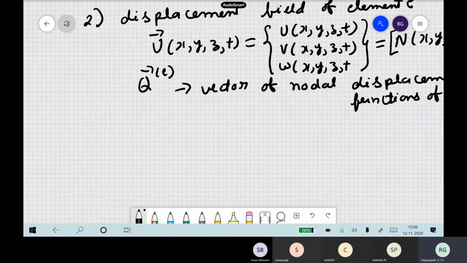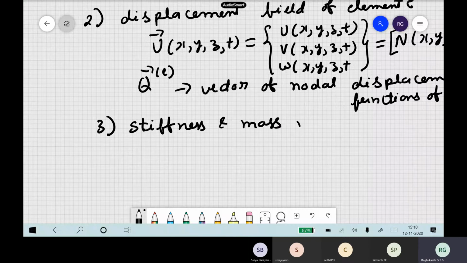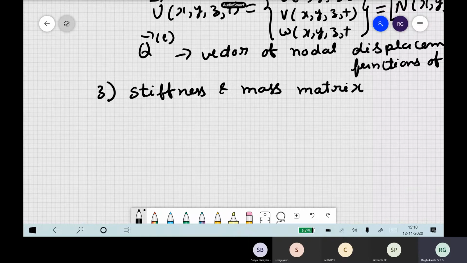Now this is the second step. Once you know this, you have to find the stiffness matrix and mass matrix. The stiffness matrix doesn't require any dynamics; stiffness is a static property, so you can use the same as what you have done previously.